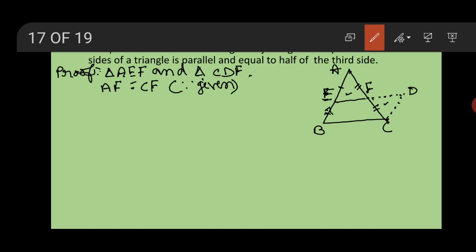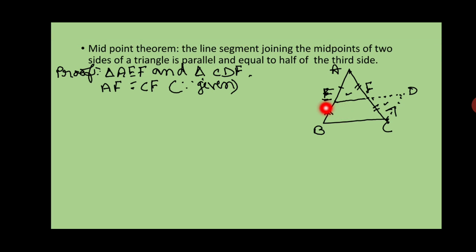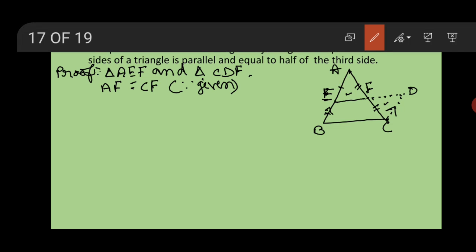And also the angles: since these two sides are parallel, CD parallel to BA, imagine EF. See, AB is parallel to CD and AC is the transversal. Then the two alternate interior angles should be equal, right?